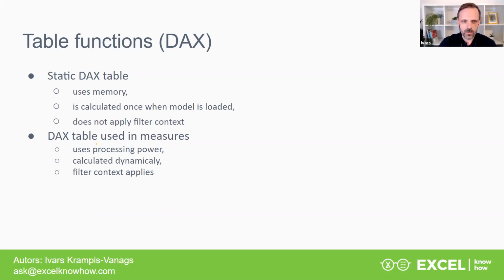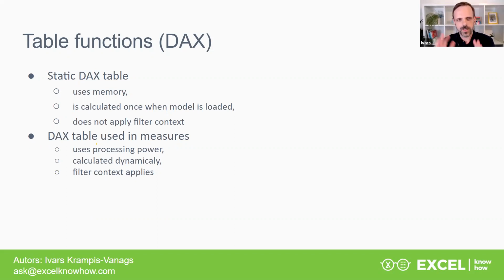Static tables are calculated once when the model is loaded, and you cannot apply filter context on that. So it's just a static table, as if that would be loaded from Power Query. It's calculated before. Probably there are some scientific terms for that as well.